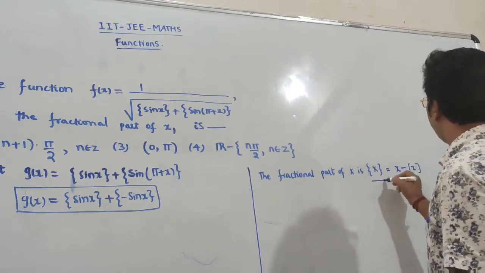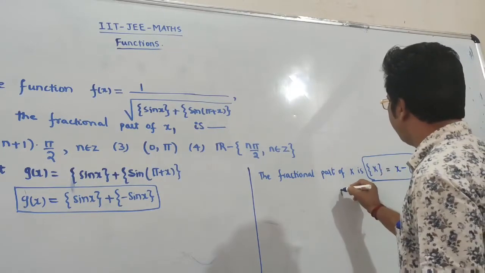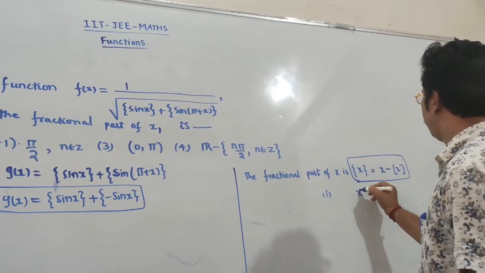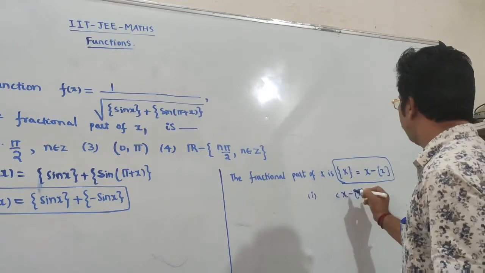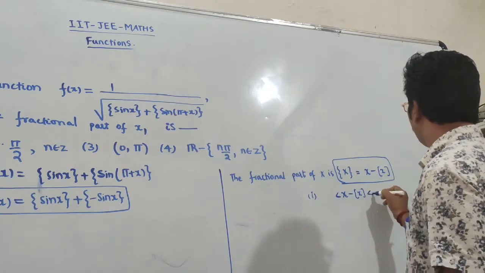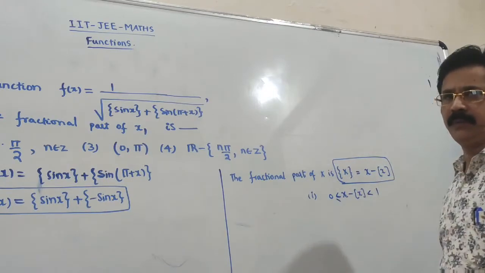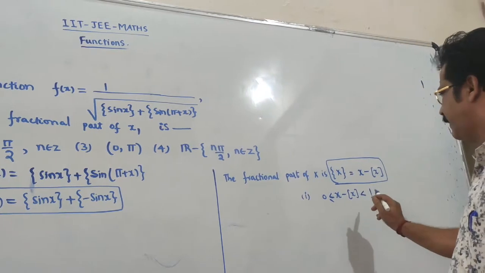This is called the fractional part of x, and we know, point number 1, that x minus floor of x always lies between 0 and 1 only, and it may be equal to 0 if x is an integer. Okay, this is the first point.